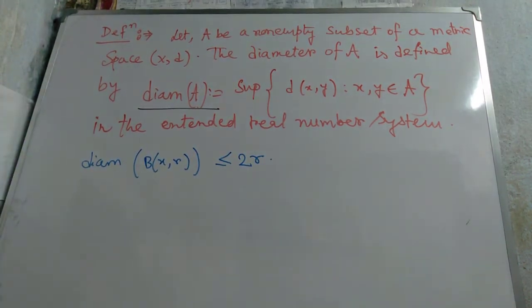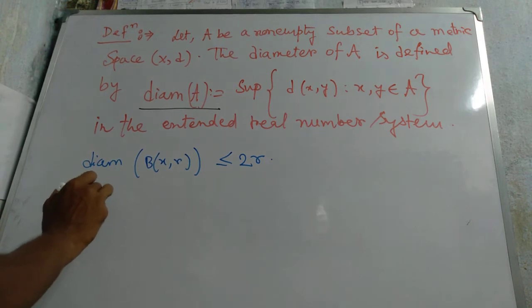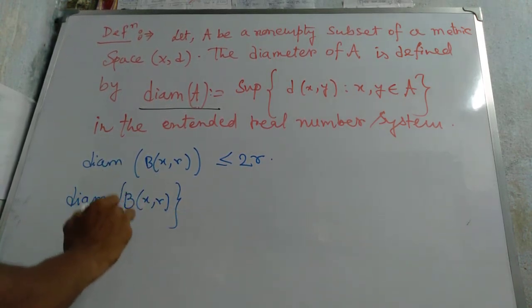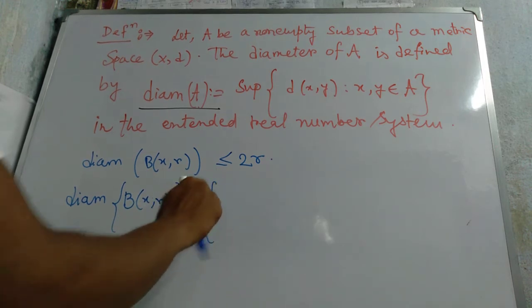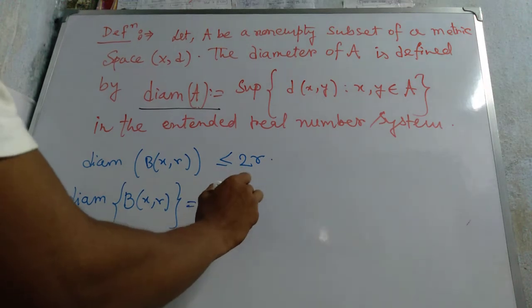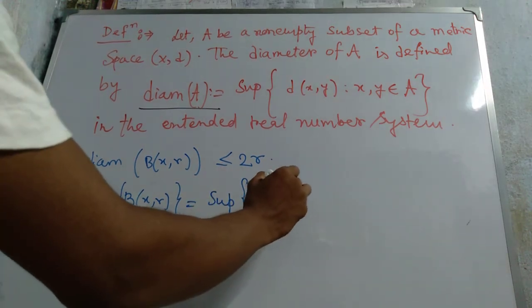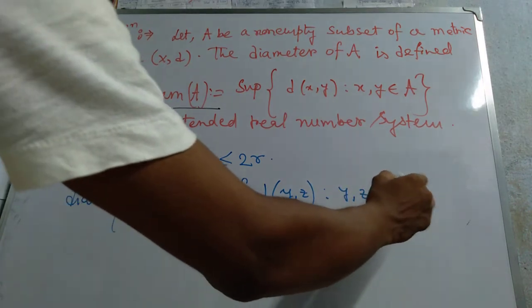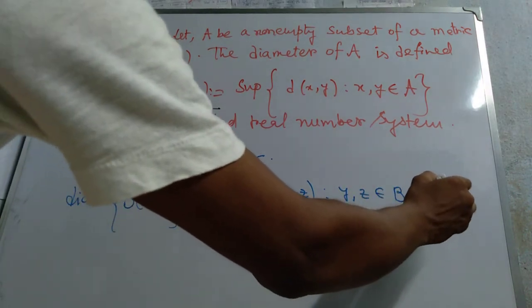How is this proved? This one we can handle easily. Diameter of B(x, r) equals the supremum of d(y, z), where y, z belong to B(x, r).